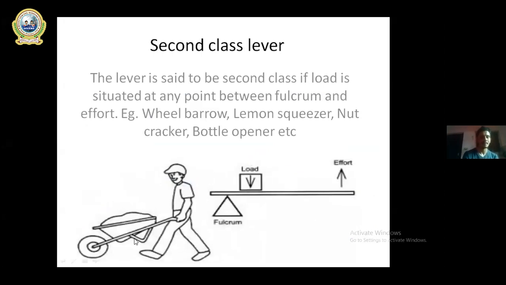So this wheel is taken as the fulcrum, and the sand, this material, is taken as the load. The wheel is taken as fulcrum because at this point the lever is balanced. As I have already told you, the point at which the lever is balanced is called the fulcrum.